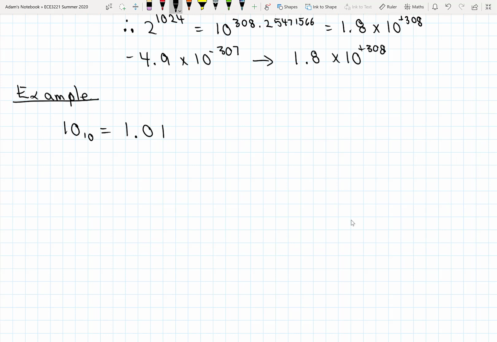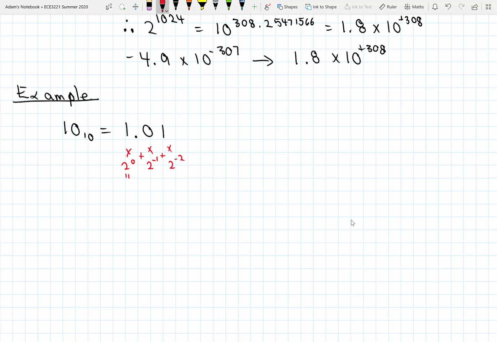If we break that down, this is 1 times 2 to the power of 0, plus 0 times 2 to the power of minus 1, plus 1 times 2 to the power of minus 2.